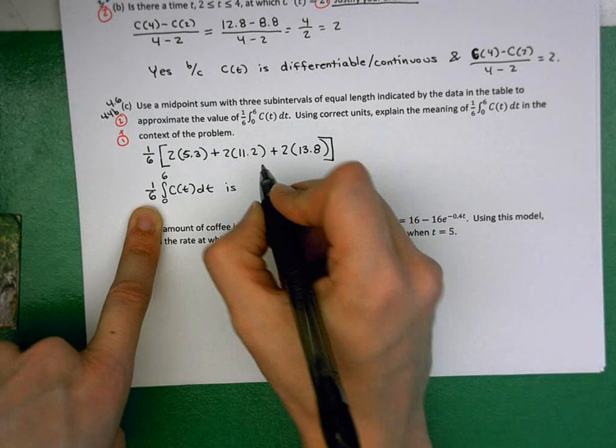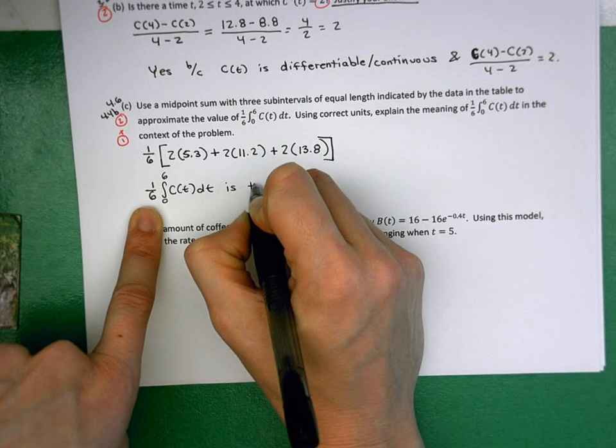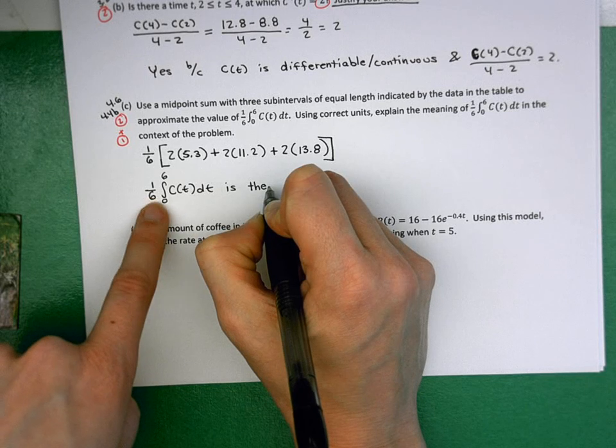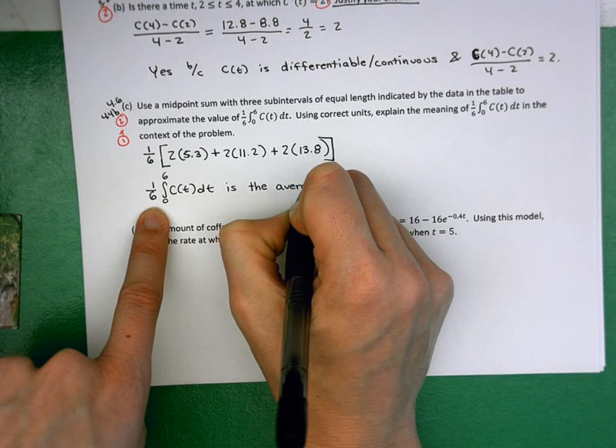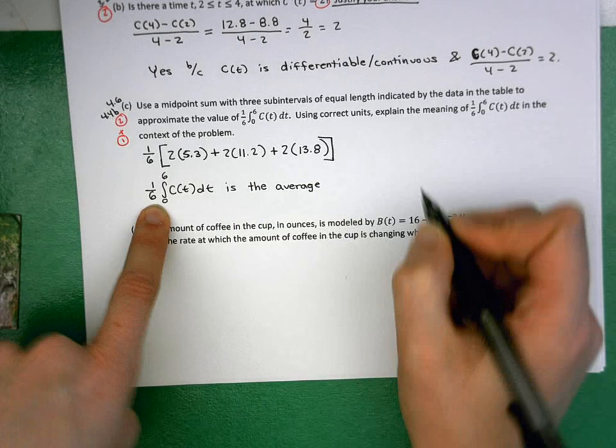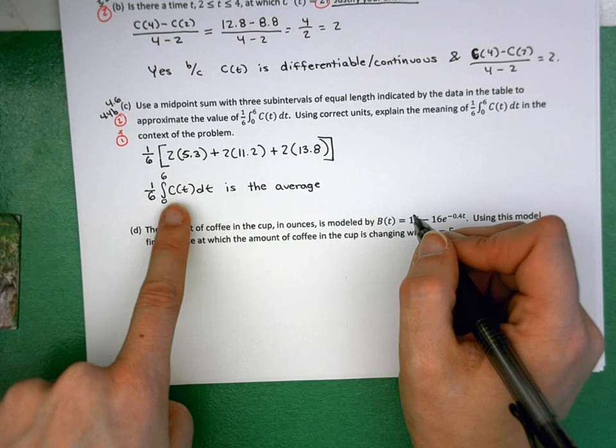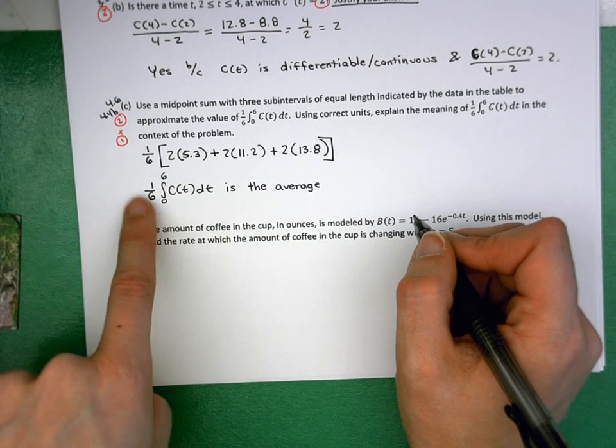That's 1 over b minus a out here. 6 and 0 is the average. And then I work my way through average what? So remember, like average acceleration, we do this and we put acceleration in. So what is C of t? This is the average.